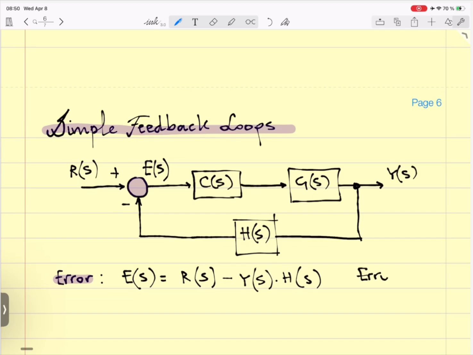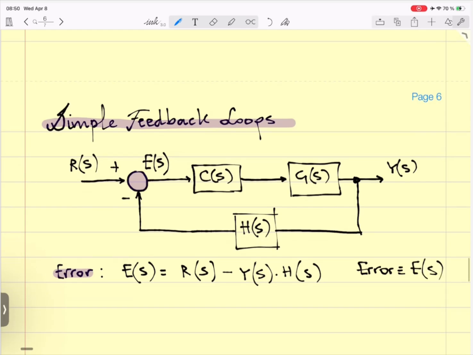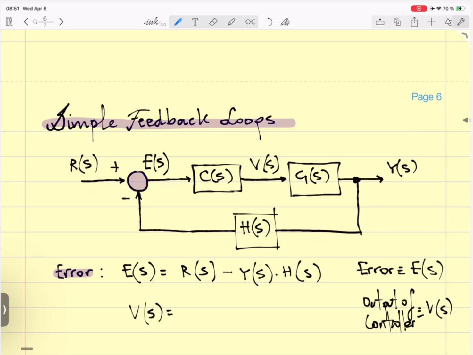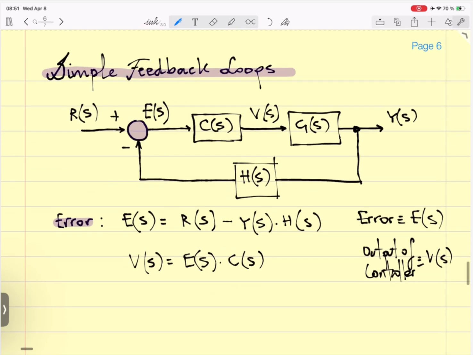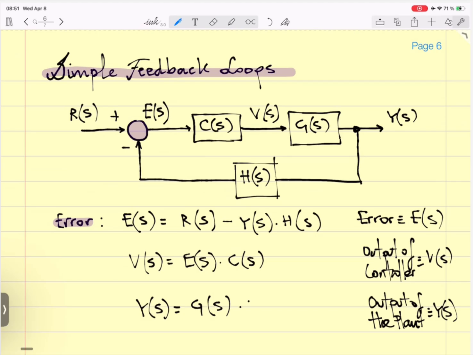Error is E of S. The output of the controller we are going to call V of S. So V of S equals the error times C and the output of the plant is going to be Y of S is going to be our system definition, our transfer function, as we saw before, times V of S. So V of S multiplied by G of S.